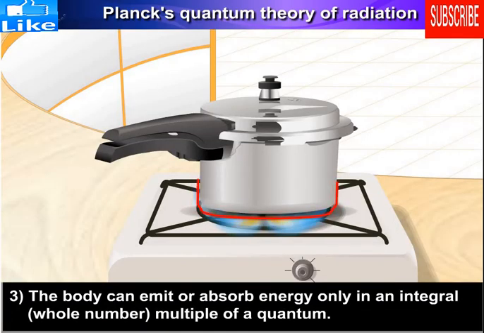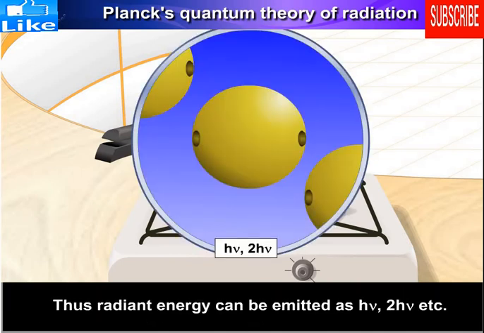The body can emit or absorb energy only in an integral whole number multiple of a quantum. Thus, radiant energy can be emitted as hν, 2hν, etc.